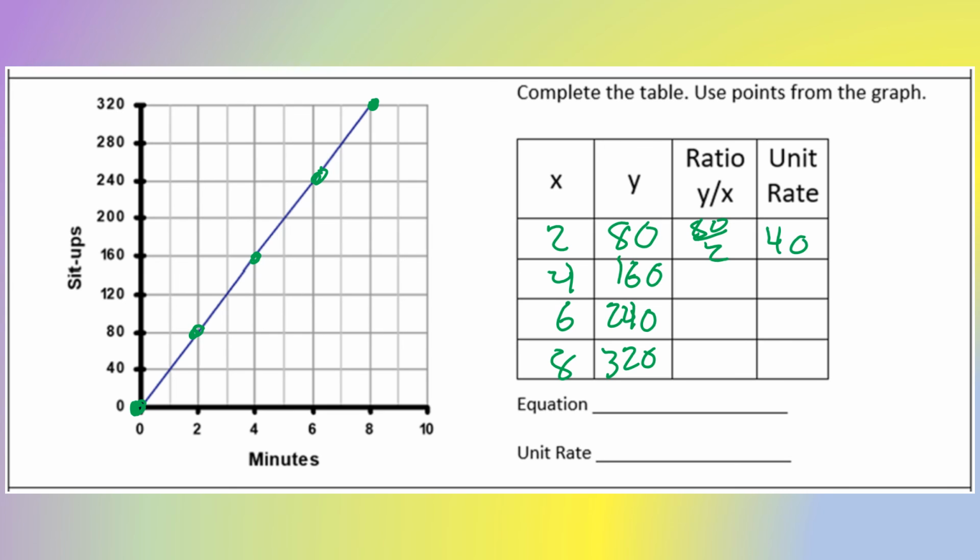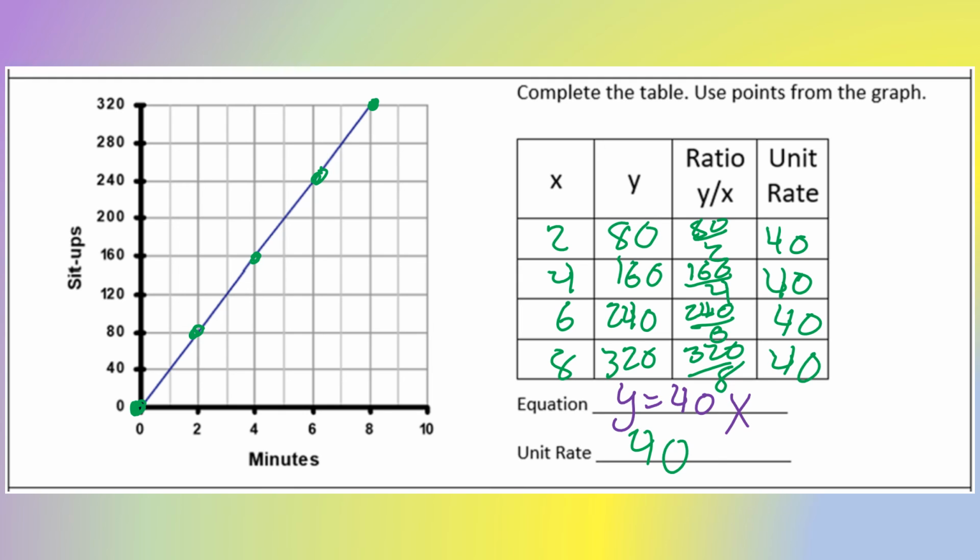This simplifies to 40. This simplifies to 40. Hey, I'm sensing a theme here. I think all of these are going to simplify and equal 40. What? It's true. Unit rate across the board is 40, and the equation is y equals 40x.